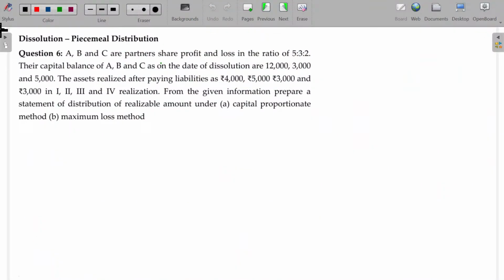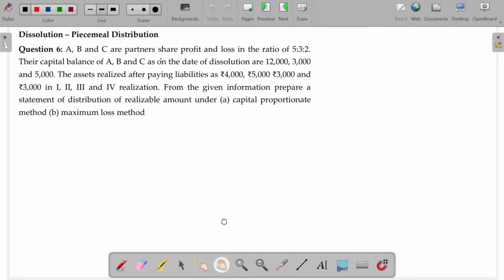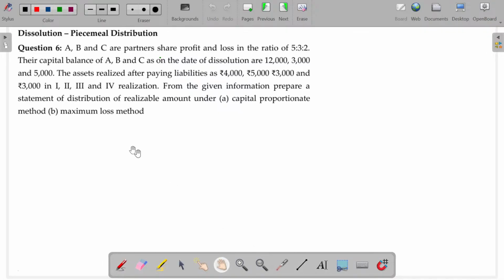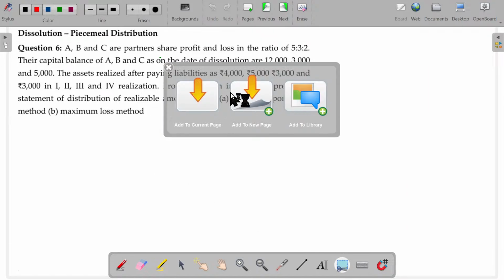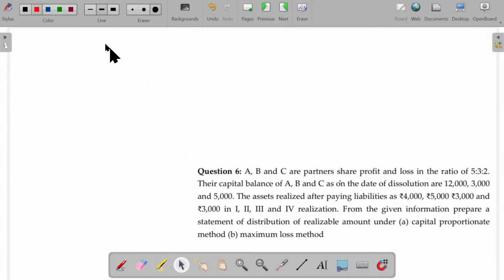I'm going to solve the same illustration under maximum loss method. Okay. What about the capital base?